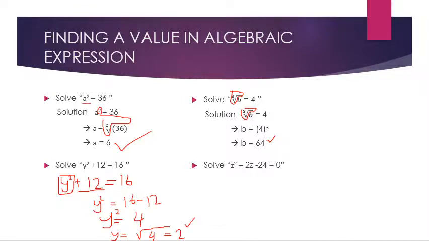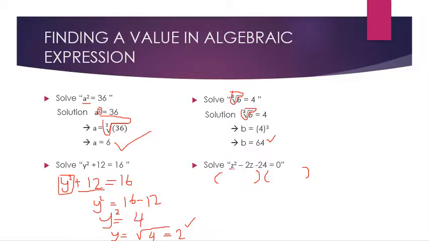Done. Now we want to solve z squared minus 2z minus 24. This is what you learn in junior high school, where you can do what you call distributive.